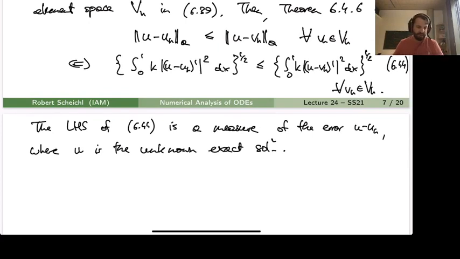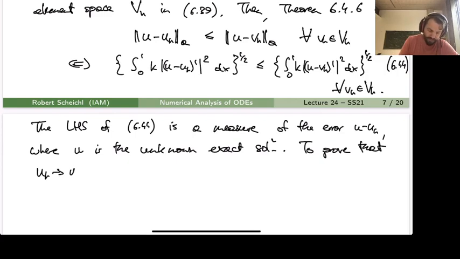Okay? So this is our classic numerical analysis task. We want to prove that uh converges to u as the mesh size h goes to 0.